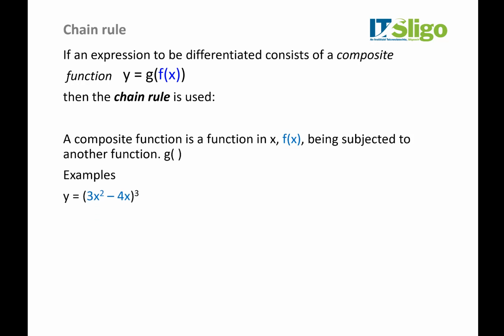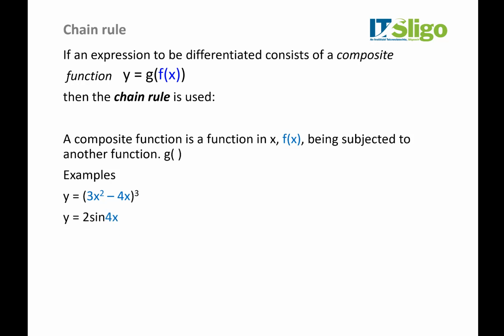So here we have a function in x, and now that function in x has been subjected to another function, which is cubed. So this is the f(x), and the g bit is the cube. That's g of f(x) there, the cubed bit. When you write it out mathematically, it tends to look a bit confusing, but once you get used to it, that function notation is quite useful.